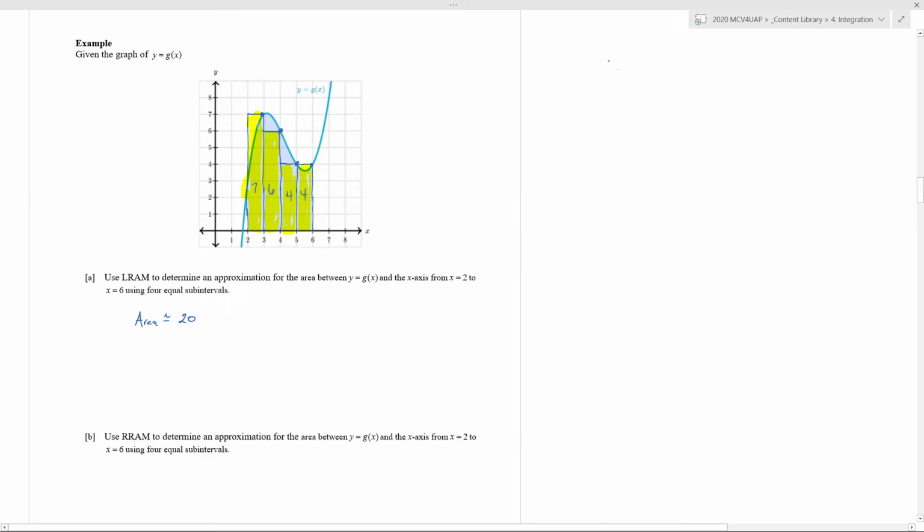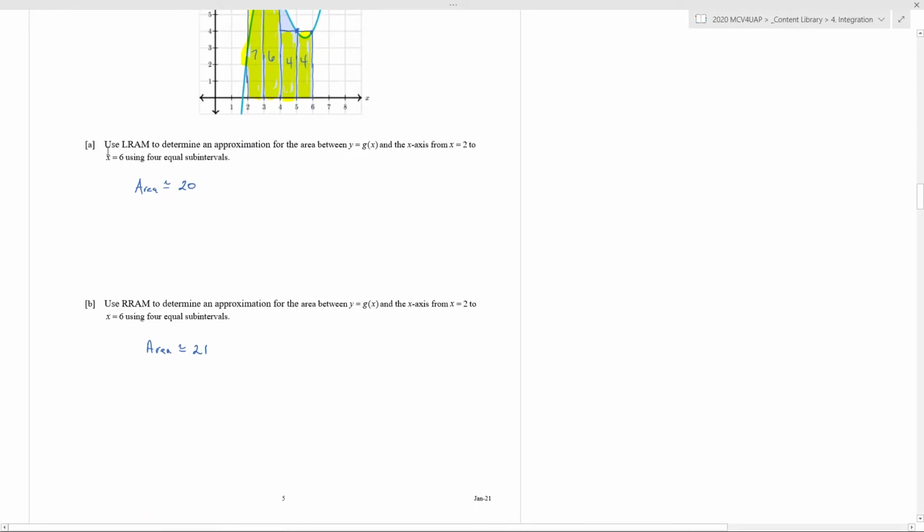So 21. Okay. That's how you would use a right rectangular approximation or a right Riemann approximation. Any questions?